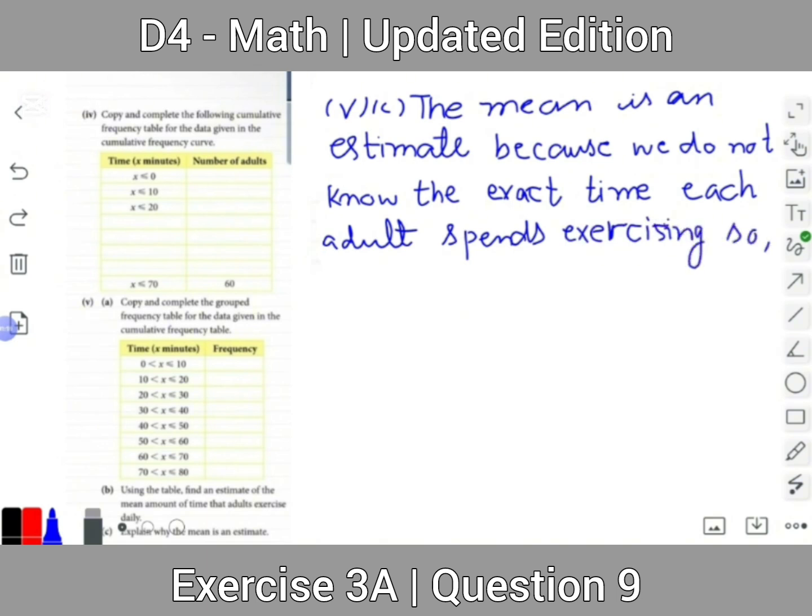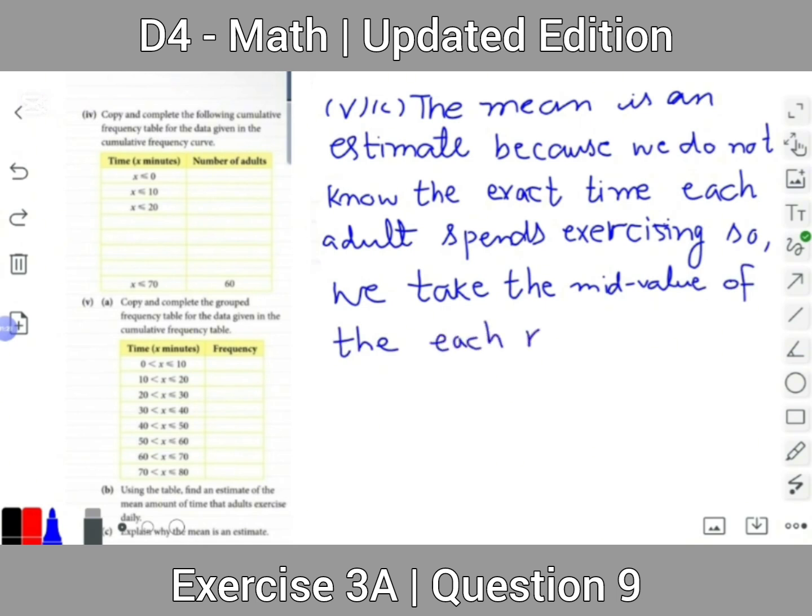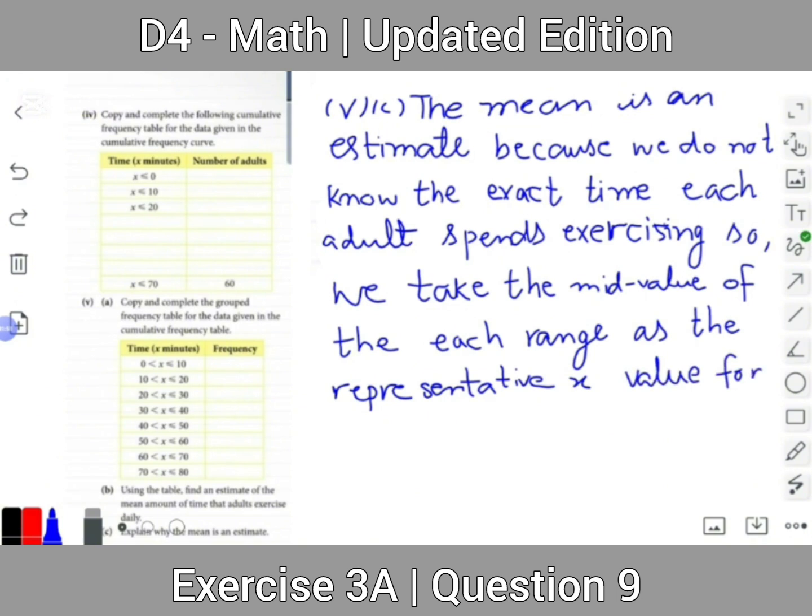So we take the mid value of each range or each class interval as the representative x value for the particular range or class interval.